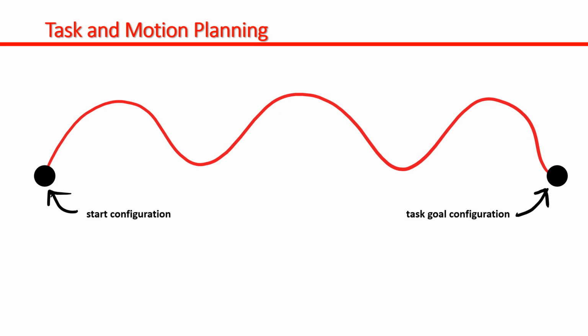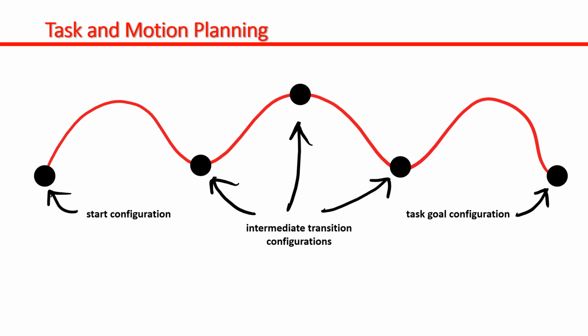But it does not suffice to just move from the start to the goal. You actually have to hit certain intermediate transition configurations. So if the problem is to change the location of an object using a robotic arm, you might have to hit configurations which pick and place the object at the appropriate junctures.